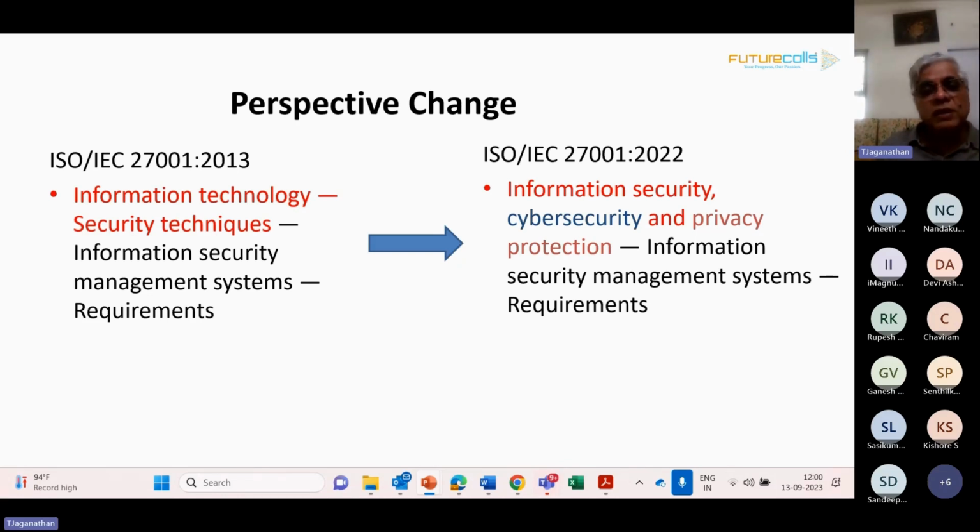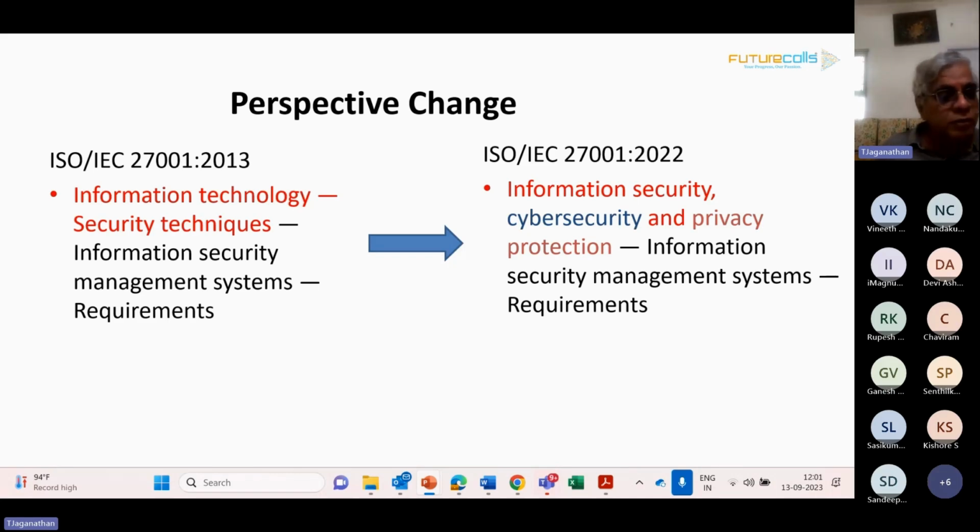So they have now included more controls very specific to cyber security and privacy protection. Again, it is not that the complete privacy protection framework is brought into 27001. Only the essential privacy protection technical safeguards are brought in. Privacy protection is a completely different management science, and that is a different standard, 27701.